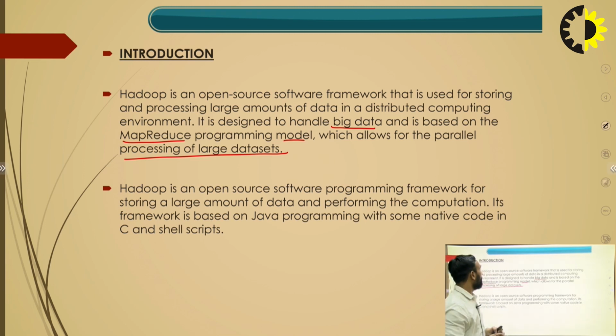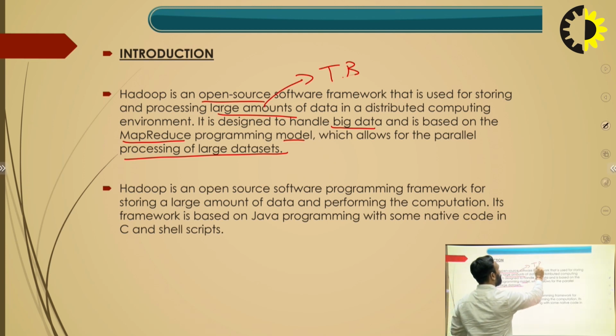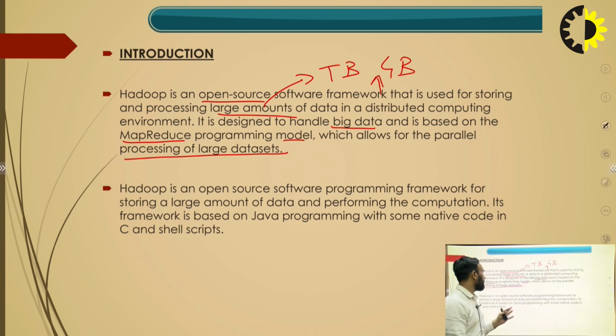Now in the first line that is written here, open source, that is used for storing and processing large amounts of data. What size of data? Terabytes, gigabytes, such large size of data is processed and analyzed for business purposes or for the different uses of an organization.